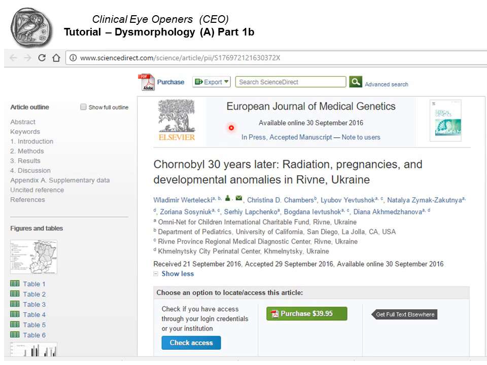So remember, radiation is a mutagen, changes the genome that may then produce hereditary alterations in human populations for many generations. Radiation is a teratogen.